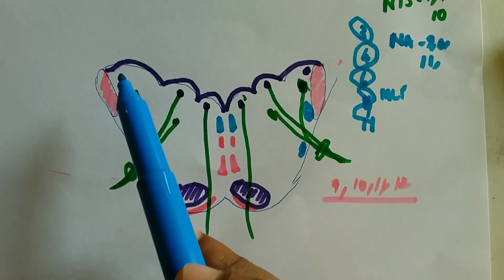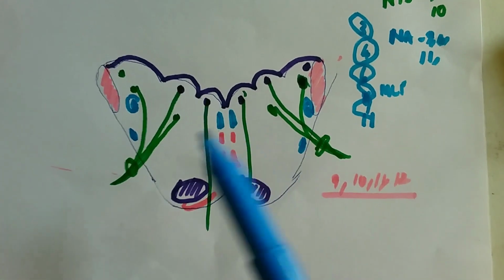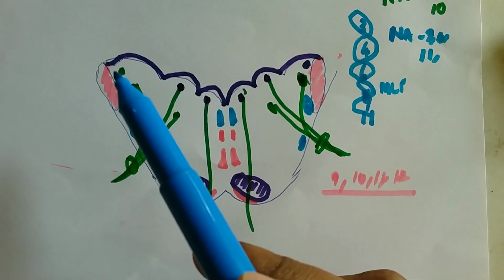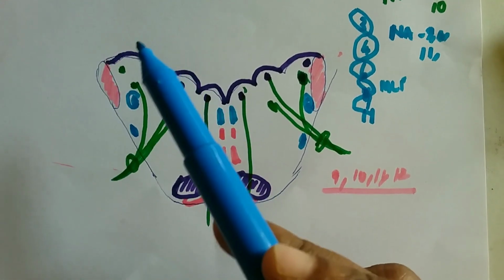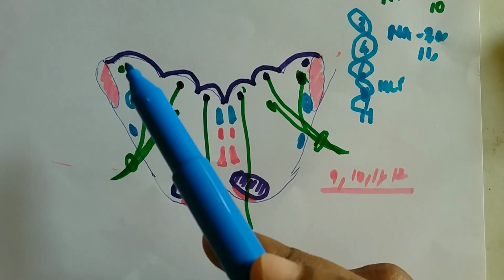I said, why do we draw this vestibular nucleus in the medulla? This vestibular nucleus alone shares both the medulla and pons, posterior aspect. That's why students should not forget to draw the vestibular nucleus.